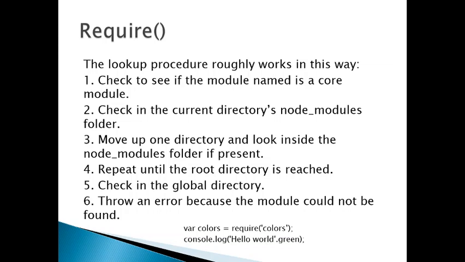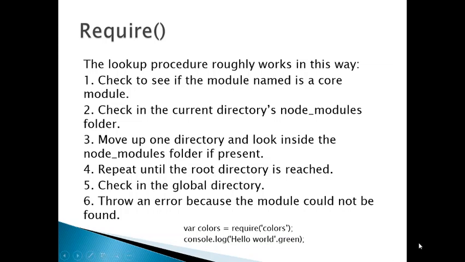If it finds it there, it will include that module. If it does not find it there, it will go up one directory. If it is still not there, it will go up one more directory, and so on, until the root directory is reached. After that, it will check in the global directory. If the module is still not there, then it will give you the error that the module was not found.